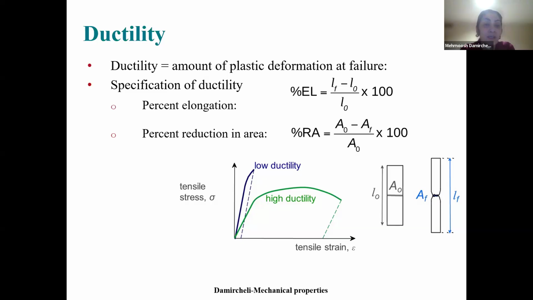And RA percent equals A naught minus AF, the fracture cross-section area, divided by A naught, the initial cross-section area, times 100%. Back here, you see that epsilon F is much lower than this. So the green one is more ductile compared to the blue one, and the blue one is more brittle.